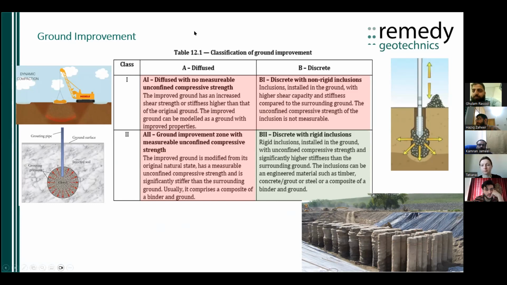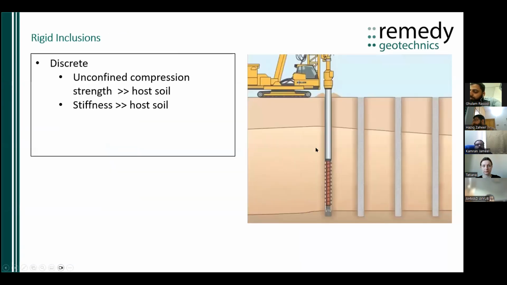So this is again the overall world in which we're living, the ground improvement world. And for rigid inclusions, we're in this box here. So as I say, they are discrete.